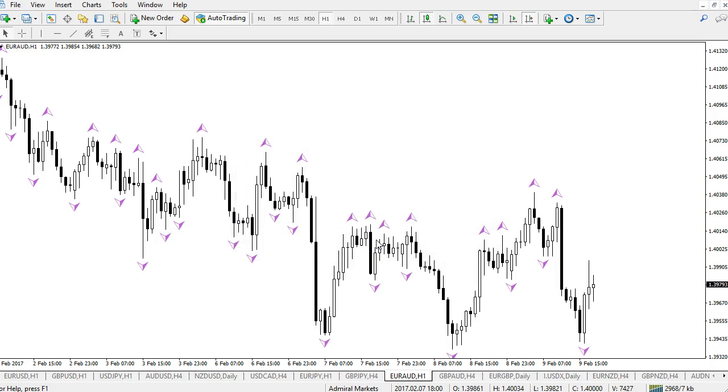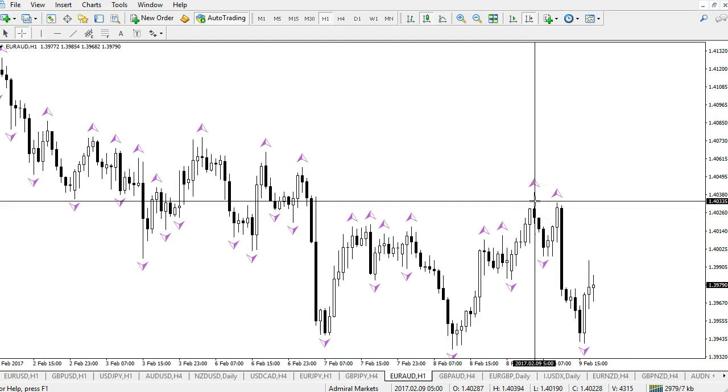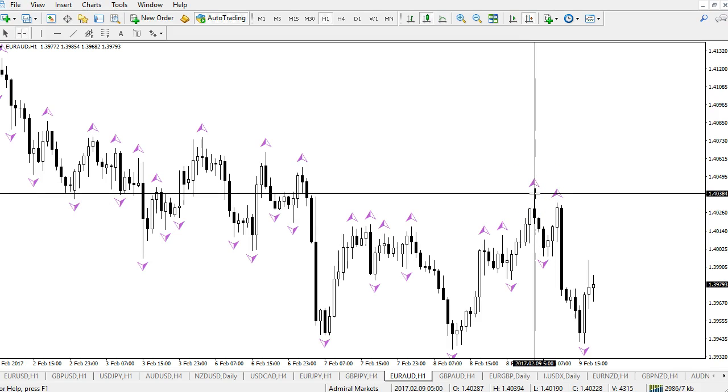But what is a fractal? They look like arrows, right? Well, they give support and resistance. A fractal shows a candle high or candle low that has an importance in the market. Why does this particular candle high have an importance? Because the fractal is on top of it, which means that that particular candle high is a resistance.